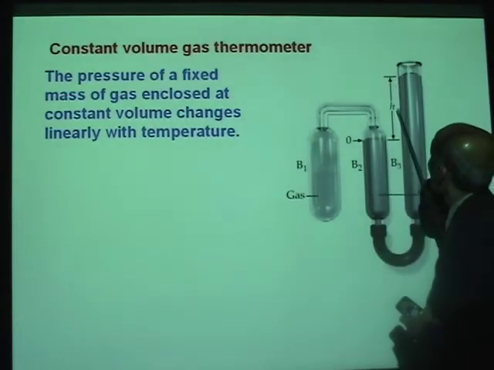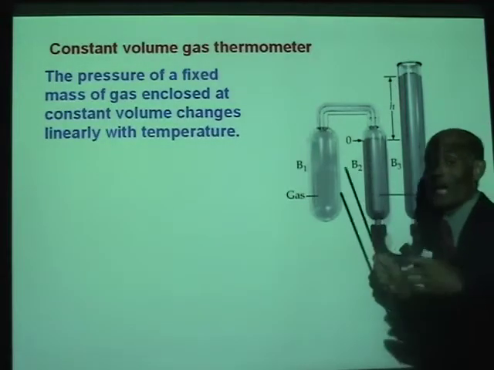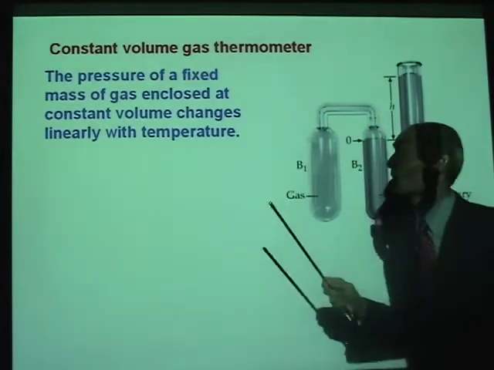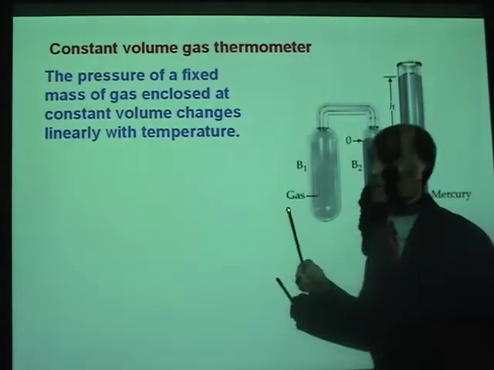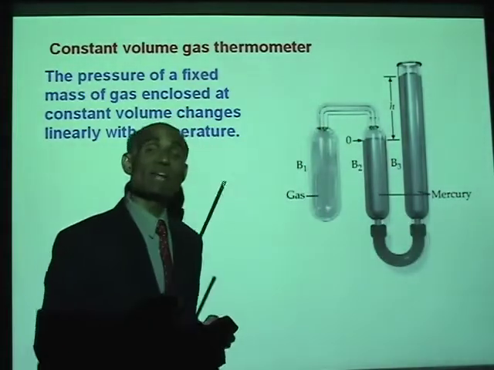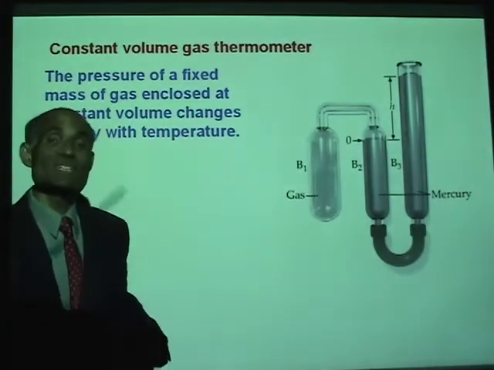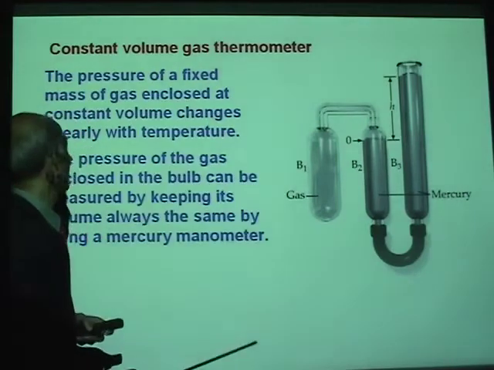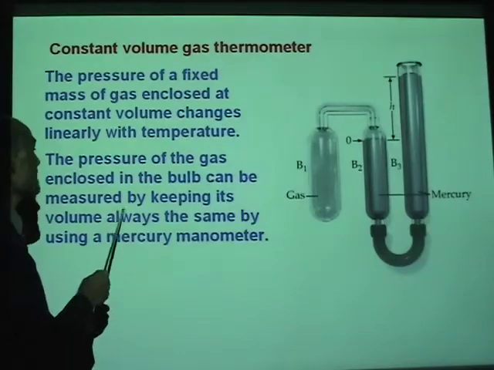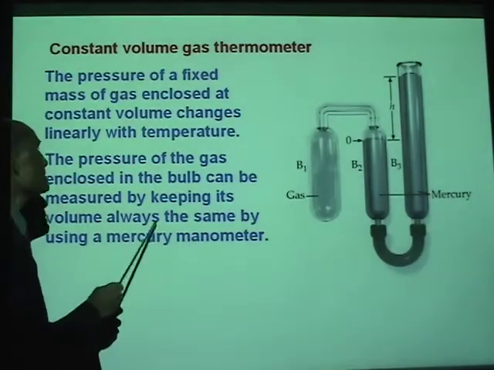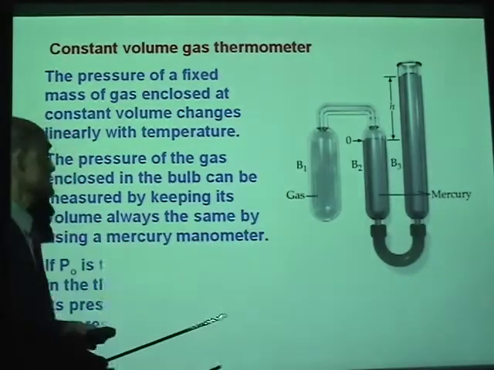Then measure the difference in the pressure and add it to the atmospheric pressure to get the pressure of the gas inside. And the measure of the pressure can then be calibrated to read the temperature. So the pressure of the gas enclosed in the tube can be measured by keeping its volume always a constant.